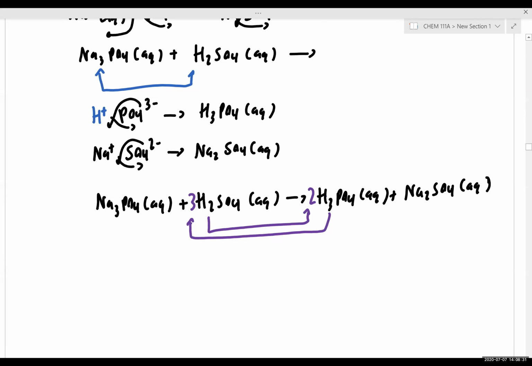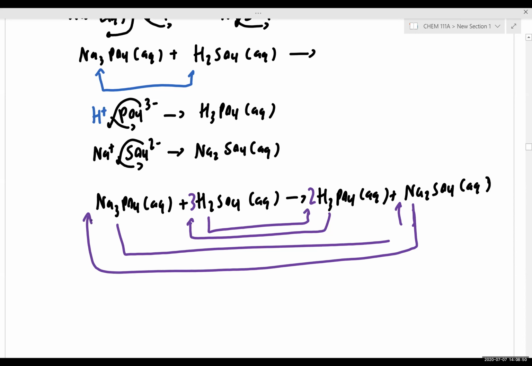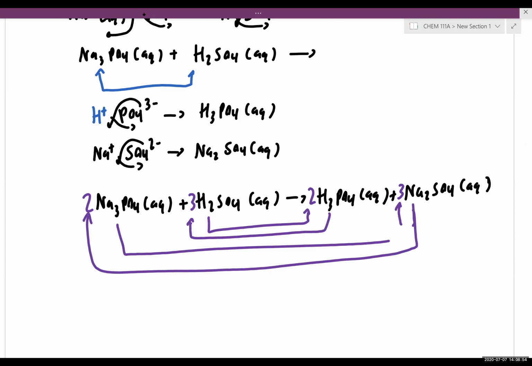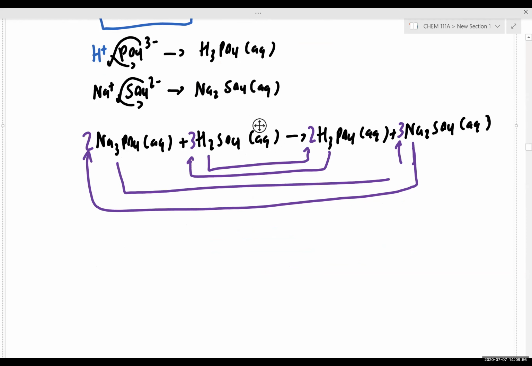The cross method is wonderful for balancing exchange reactions. Let's continue to cross our subscripts to our coefficient, and that in turn gives us the following balanced chemical equation.